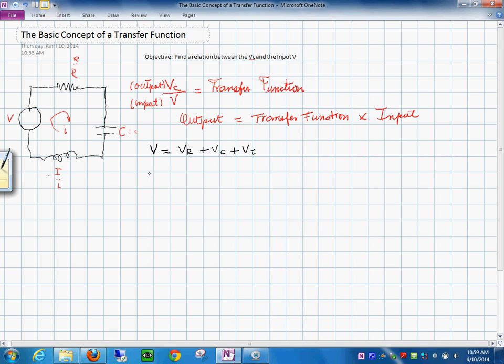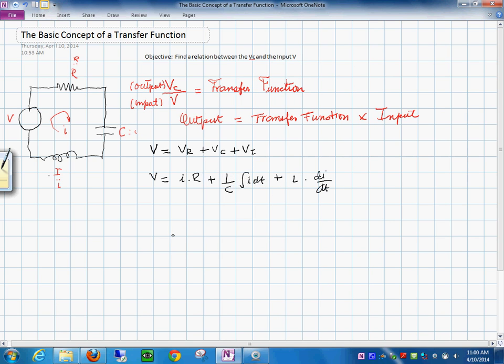So we can write that voltage is equal to I times R plus voltage of C is 1 over C times the integral of I dt, and then plus L times di dt. So that's the voltage across an inductor, voltage across the capacitor, voltage across the resistor.